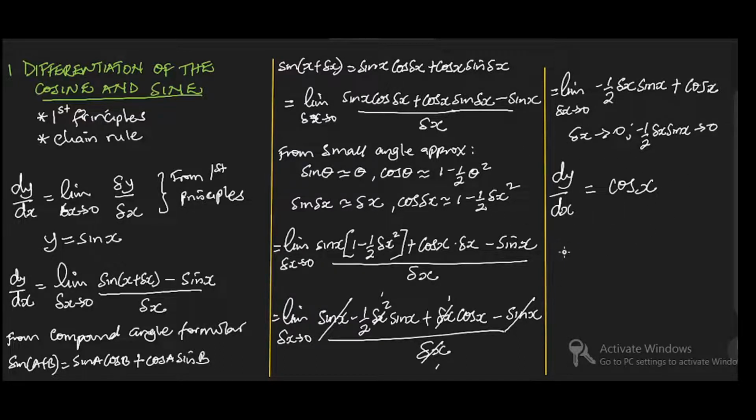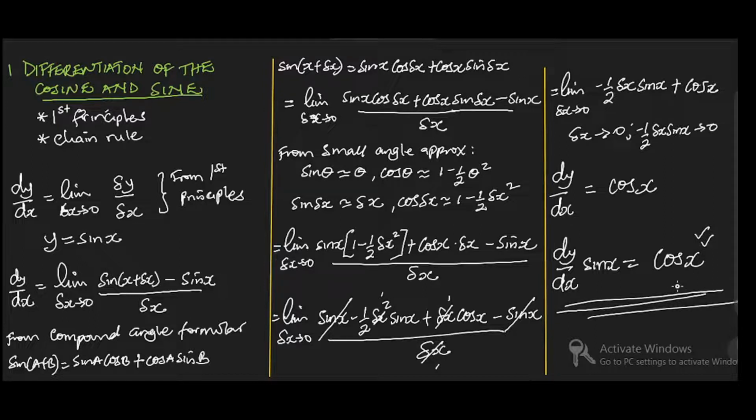So when you differentiate your sine x, we shall be able to get our cos x. So this will be your final result using our first principles to carry out that differentiation.